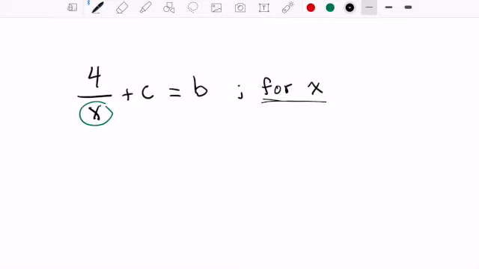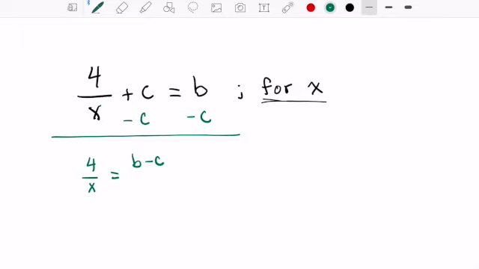The first thing that I need to do is get the fraction 4 over x by itself, and I'm going to do that by getting rid of c. So I'm going to subtract c from both sides. That gives me 4 over x equals b minus c.